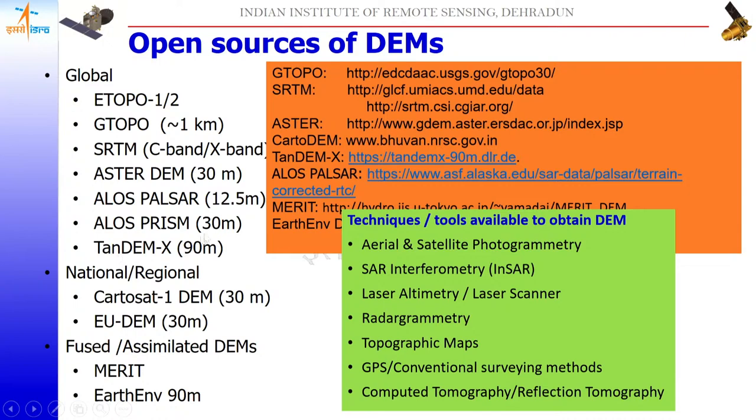Then Cartosat DEM is also coming with 30 meter resolution. Open DEM is 30 meter. These are very good DEMs, but the vertical resolution may be lower, because if you want very good vertical resolution in your DEM, then you must have very precise GCPs.